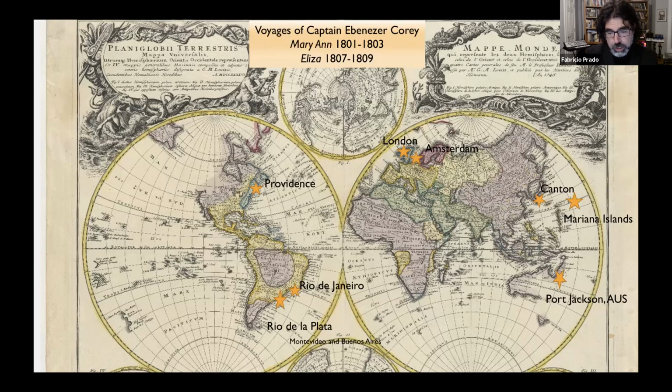So when they were going along the Fiji Islands, the Eliza hit a coral reef, and they shipwrecked. At that moment Corey was carrying 15,000 in silver and 5,000 in letters of credit.